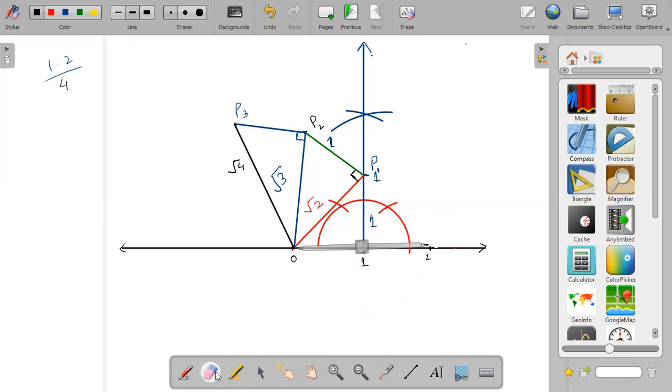Okay, got it? Then you can draw the arcs to show the distances. You will start from root 2. You have to see how much the distance root 2 is, see this distance, and then draw an arc.